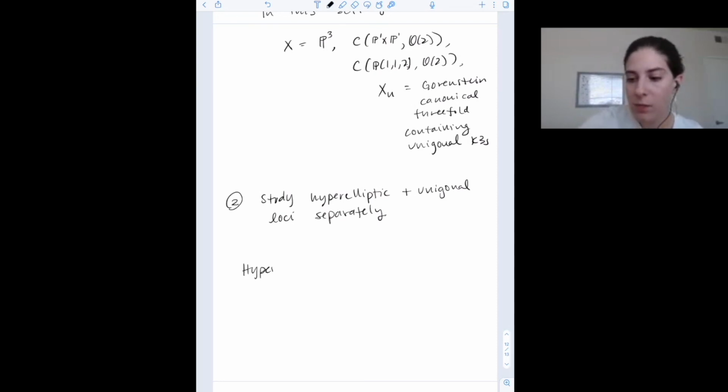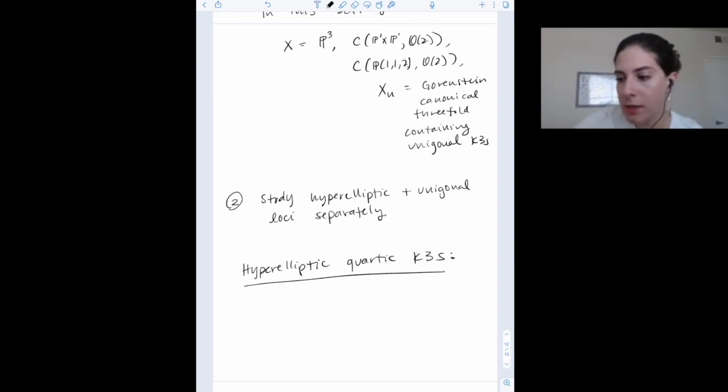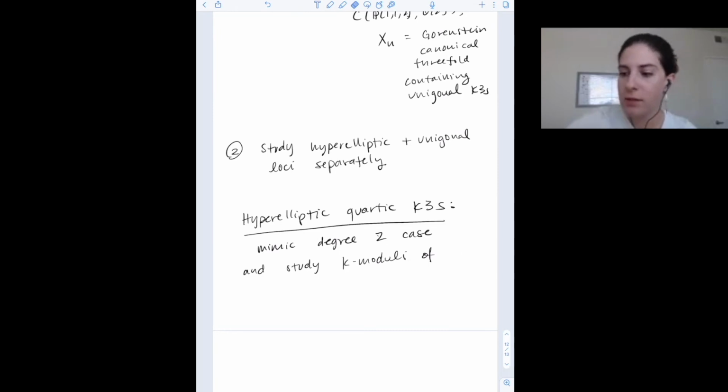And so the key to study these wall crossings for the hyperelliptic K3s is in fact just like the degree 2 case, and study K-moduli of, in this case, well, what it turns out is that if I consider my degree 4 case, it's 2-to-1 onto a quadric surface.